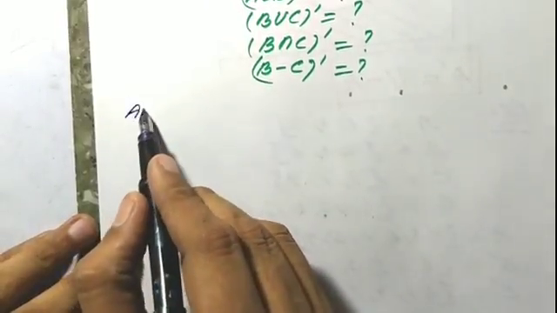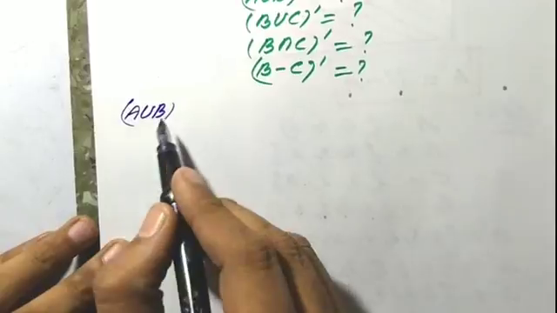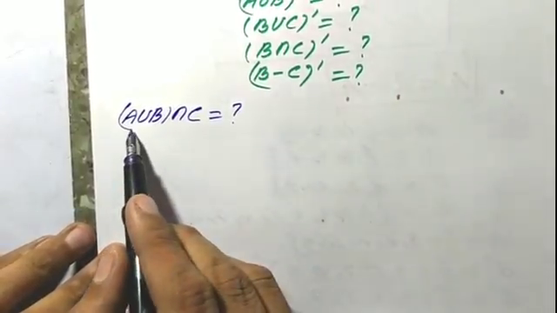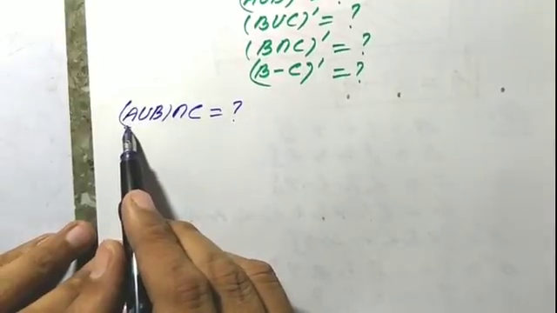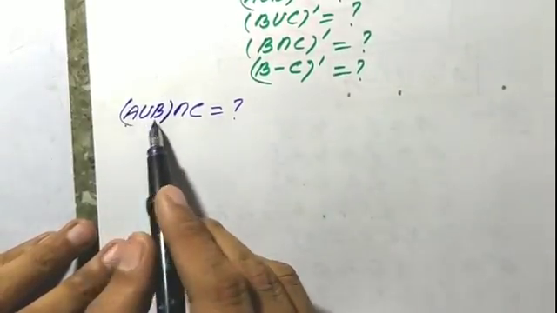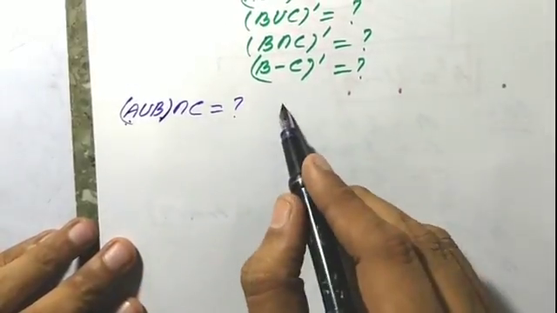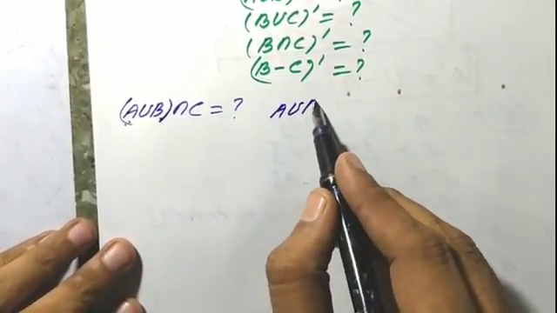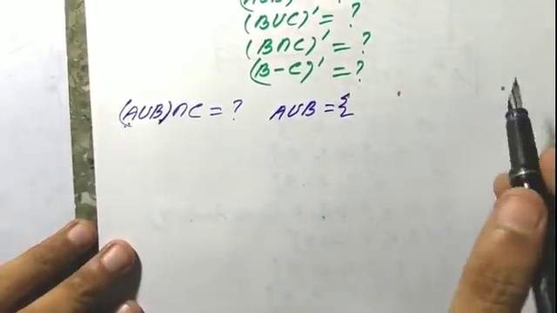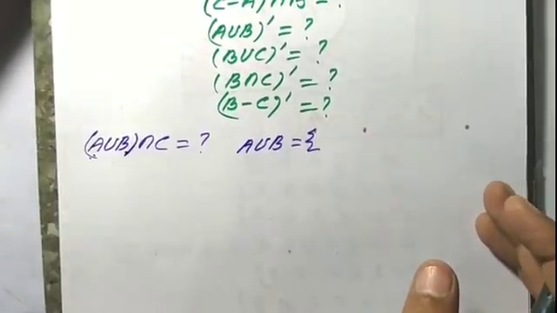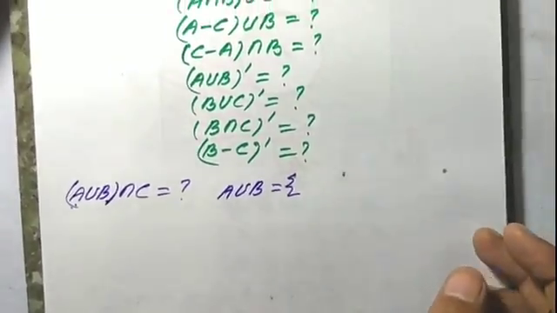To find A union B intersection C, first we find the operation written within parentheses. So first we have to find A union B. As you know, A union B is the set which contains all the elements of A and B, whether common or uncommon.